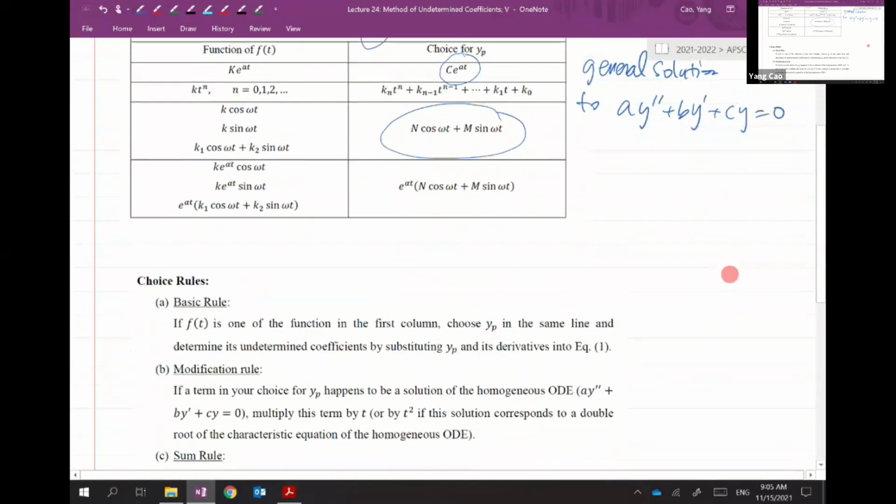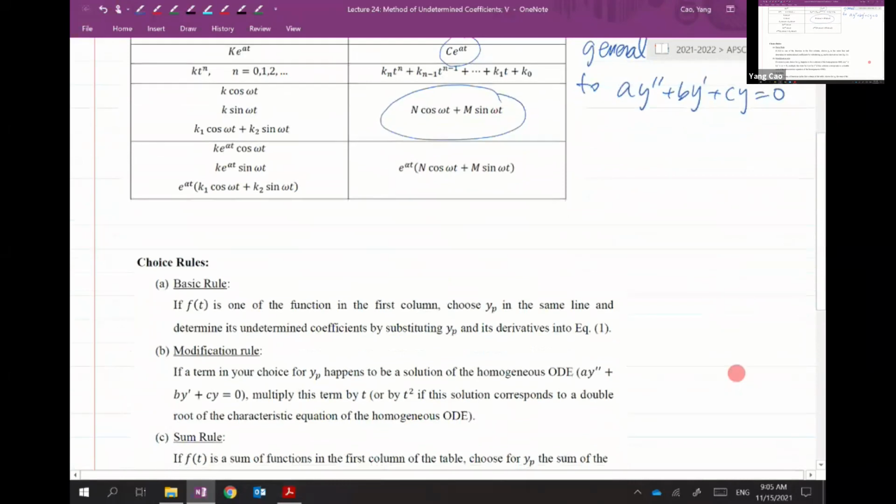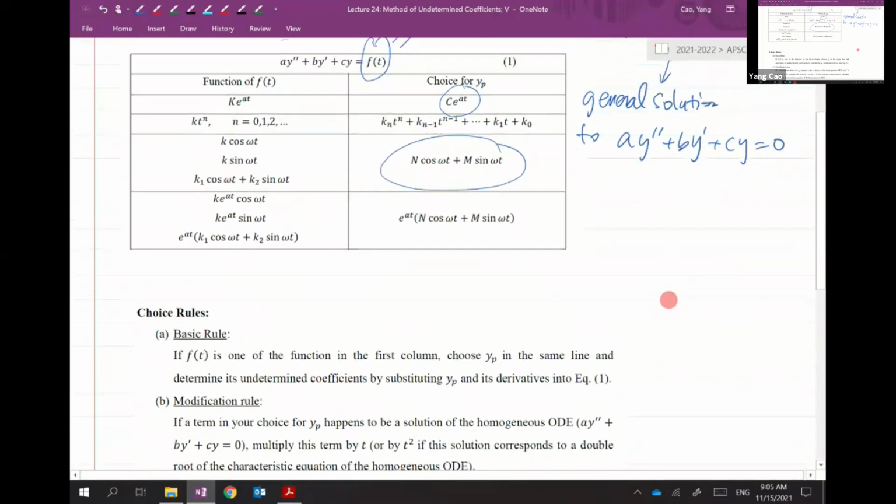However, there are a few rules that you have to stick to. The first rule is the basic rule, which is exactly what we have just iterated: you base your choice for YP on the look of f of t.